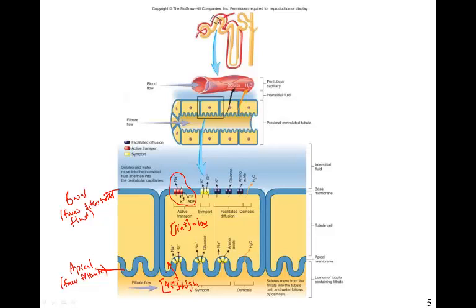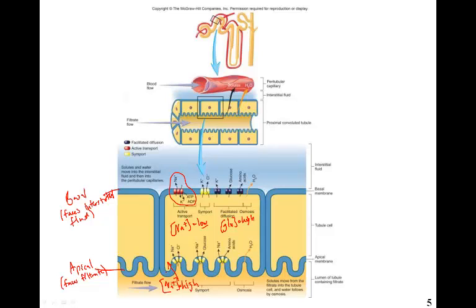Sodium, like glucose. The cell here wants glucose to come in. It wants to reabsorb glucose. But the glucose concentration inside the cell is actually pretty high because it's being pulled into the cell.